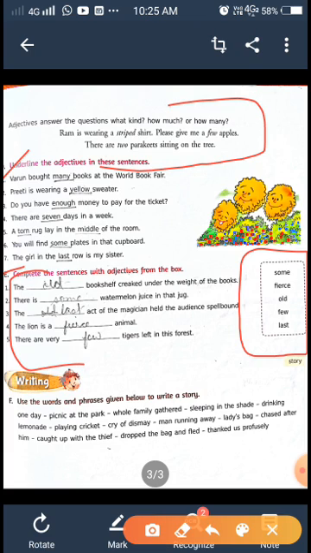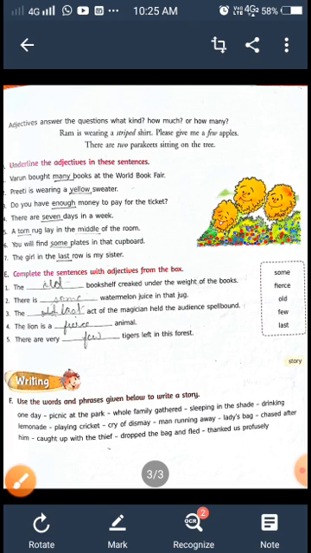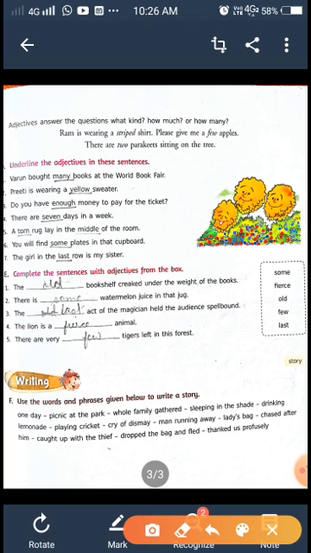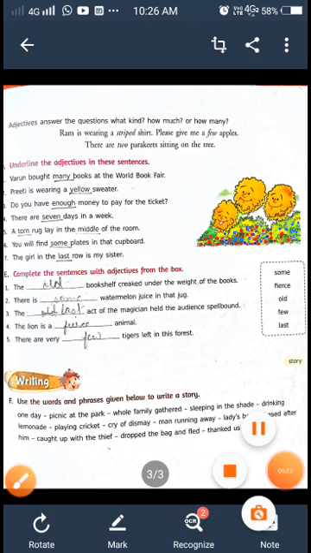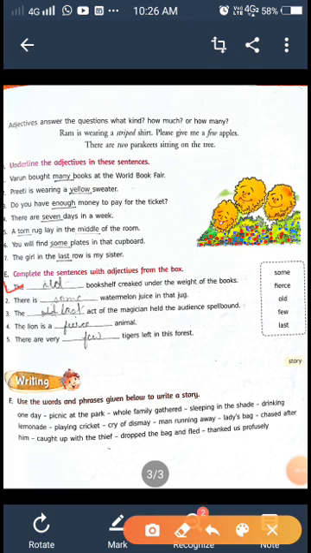Question number 1. The dash bookshelf creaked under the weight of the books. That is old. The old bookshelf.